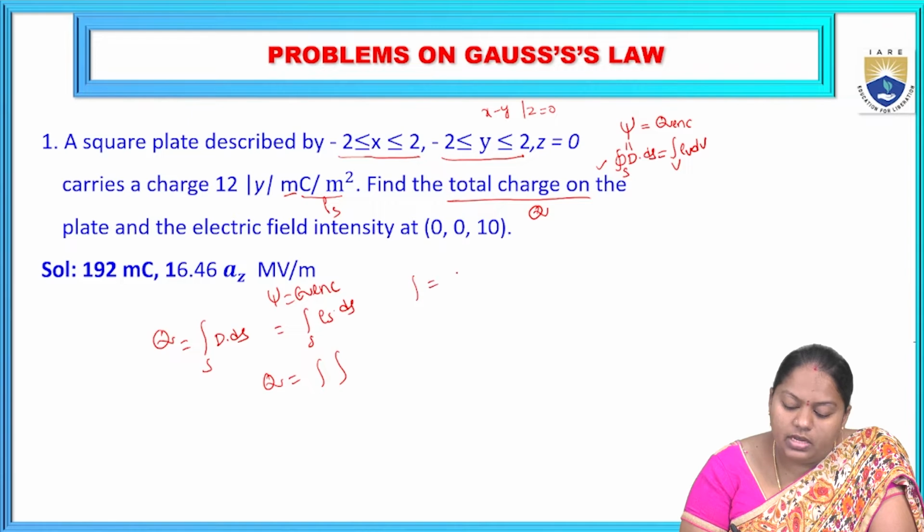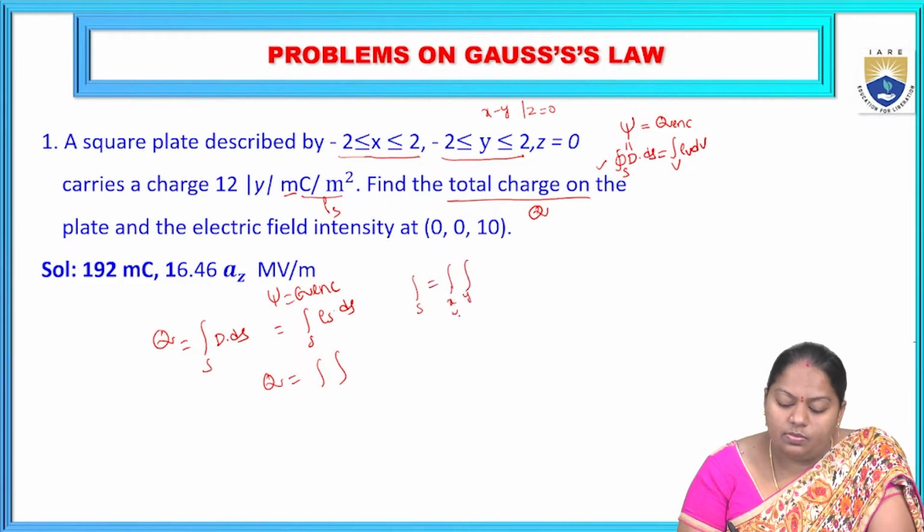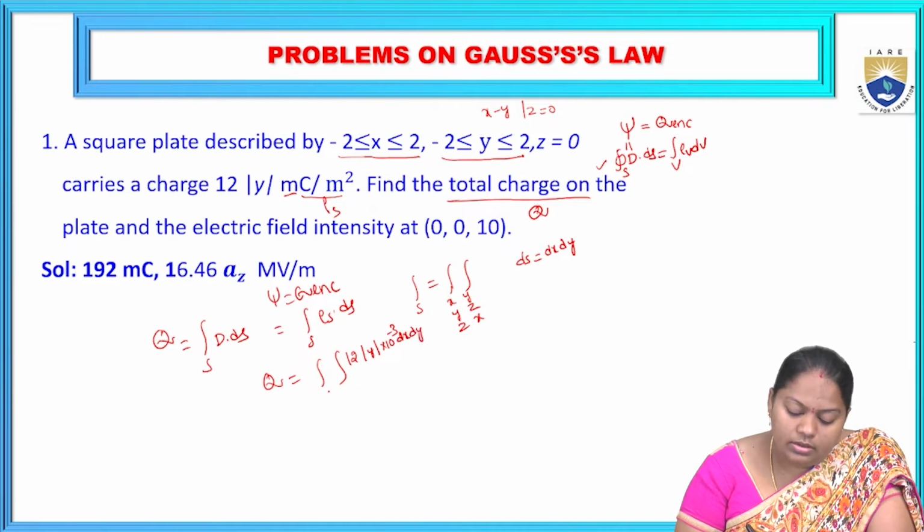The surface integral is considered in terms of two directions, xy, yz or zx. Here the two variables are x and y, hence dS is equal to dx dy. So rho s is 12 times modulus of y times 10 to the power minus 3, times dx dy, with x and y ranging from -2 to +2.